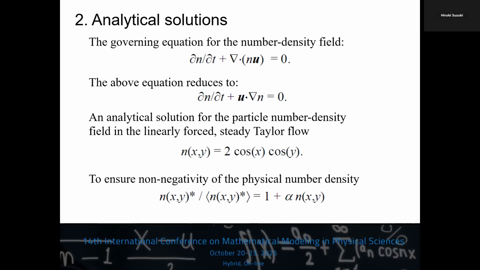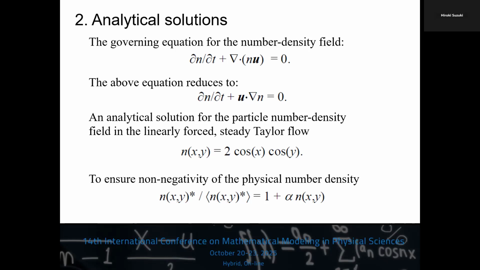Consequently, the number density equation can be regarded as an infinite Peclet or infinite Schmidt number limit of the advection diffusion equation, in which the diffusion term vanishes. In this study, the Taylor analytical solution with linear forcing source term gives a temperature or concentration field independent of the Peclet or Schmidt number.